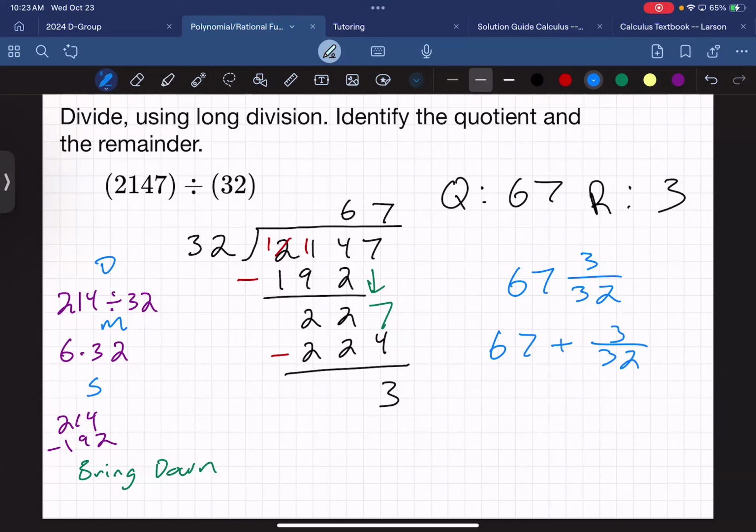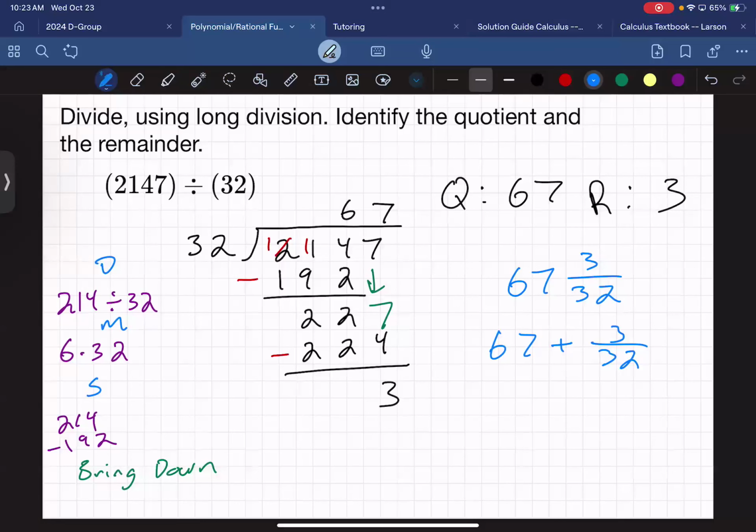Not multiplication, addition, all right? It's 67 and a little bit more, right? That's why we use the word and. Okay, so make sure you see there that what we're saying is, hey, it goes into 67 whole times plus this little bit more, okay? But the quotient and the remainder are definitely things we want to focus on, make sure we identify.